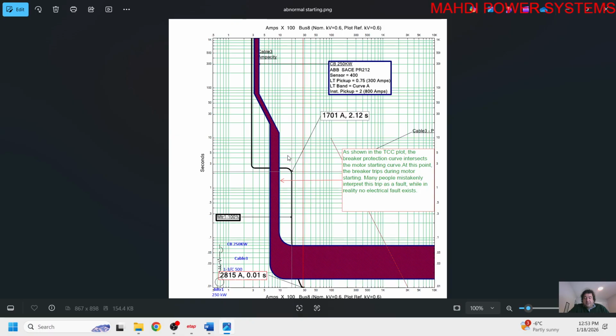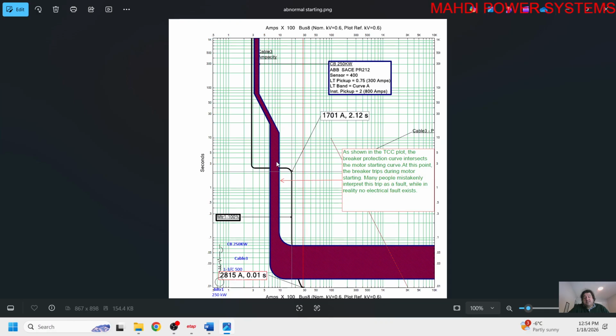Now let me remind you of another point. For any reason, when you are doing settings like this one, the motor trips right at the moment of starting on site. That means it trips instantly during startup. There are two possibilities. One possibility I mentioned: the starting curve of the motor intersects the instantaneous function, and in this case the breaker trips instantly.